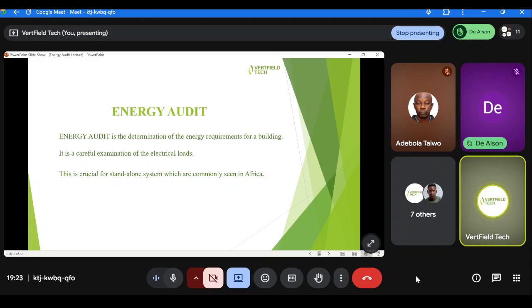I gave a brief summary of what energy audit is: a connection between two points, getting to know the energy need of a facility, which is what you can see on my screen as the energy requirement for a building, and then using that energy requirement to size your various solar components. So on my screen, you can see that the energy audit is the determination of the energy requirement for a building.